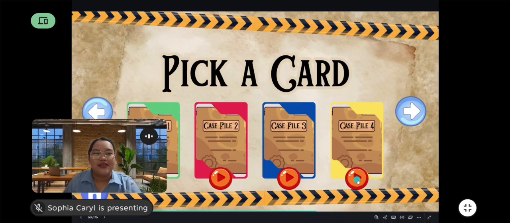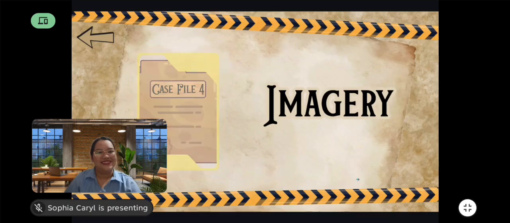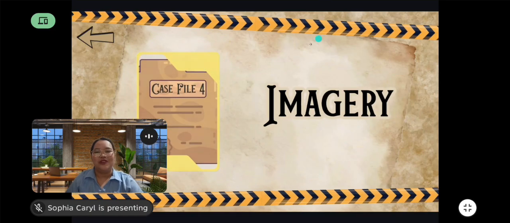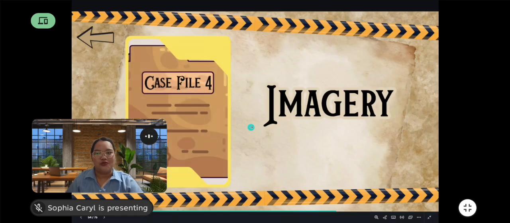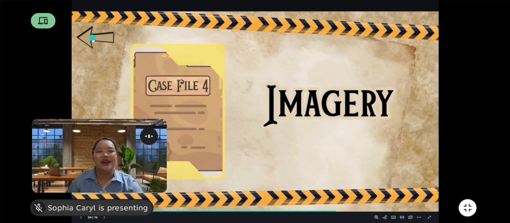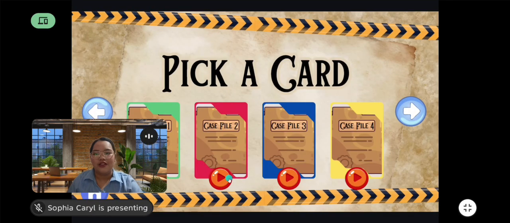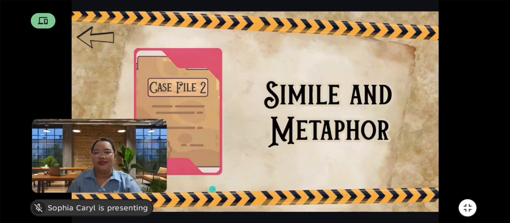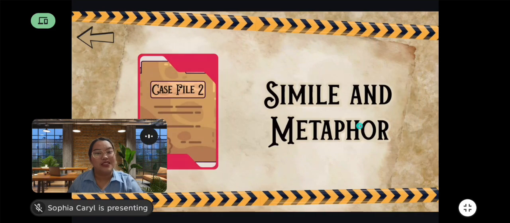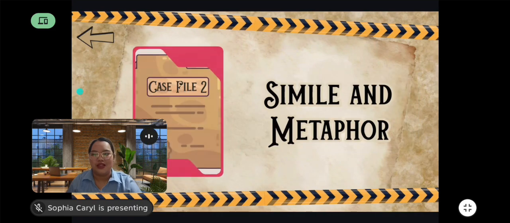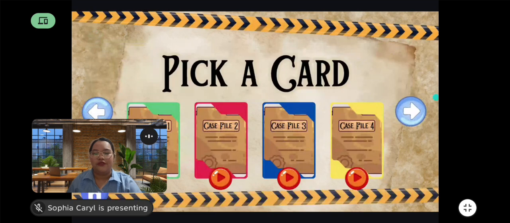If I pick case file 4, let's click this. It will say what your topic is. It's imagery. Let's go back. Let others pick. Let's pick case file 2. There, the topic for the second group is simile and metaphor, and so on and so forth.